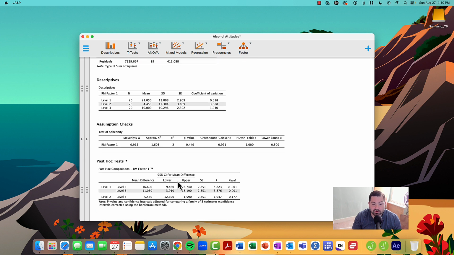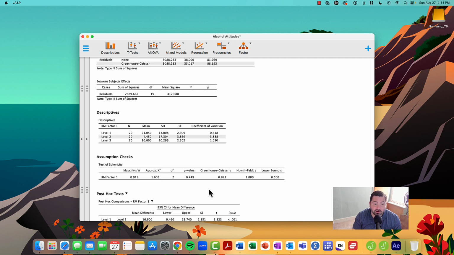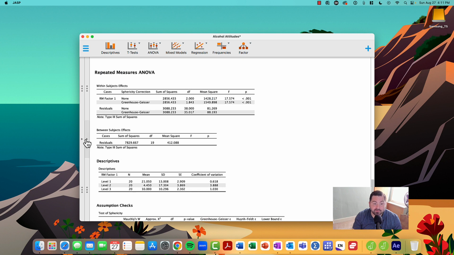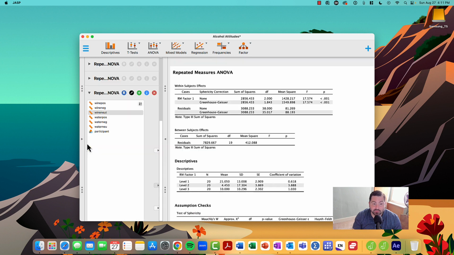So let's scroll down and look at the post hocs, and you can see the p-values that are Bonferroni corrected: level 1 versus level 2, level 1 versus level 3, and level 2 versus level 3. You can see that there are statistically significant differences between level 1 and level 2 and level 1 and level 3, as evidenced by p-values for the post hocs that are smaller than 0.05. To determine where these are schematically, we would then have to go back and see what level 1 represented.